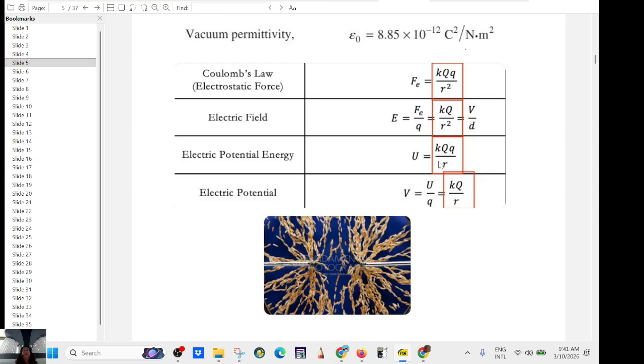Okay, electric potential energy, it's a different equation. So if you have a distribution of charges Q1, Q2, Q3, then you can compute the electrostatic energy of the configuration, not at a given point. Voltage is the potential energy at a given point relative to very far away.